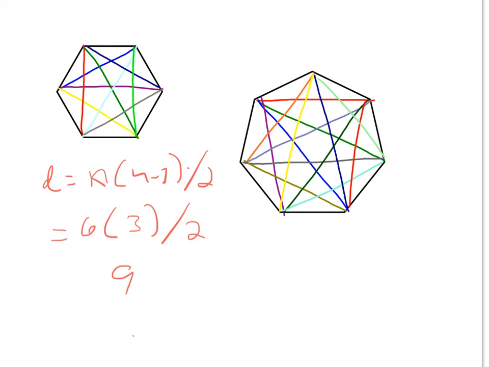This is a 7-sided figure over here on the right. 1, 2, 3, 4, 5, 6, 7. So what I'm going to do is 7 times n minus 3, which is 4, divided by 2. 7 times 4 is 28, divided by 2 is 14. There are 14 diagonals in that figure.